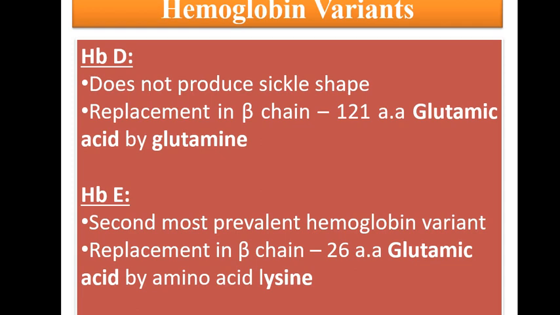The first most prevalent hemoglobin variant is HbS, and next to HbS, the most prevalent hemoglobin variant is HbE.